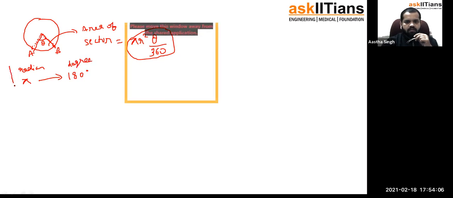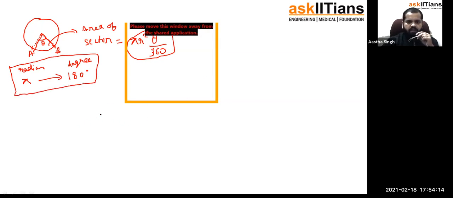So by this, you can easily convert your theta into degree and your degree into radian. So I think area of sector is much clear.